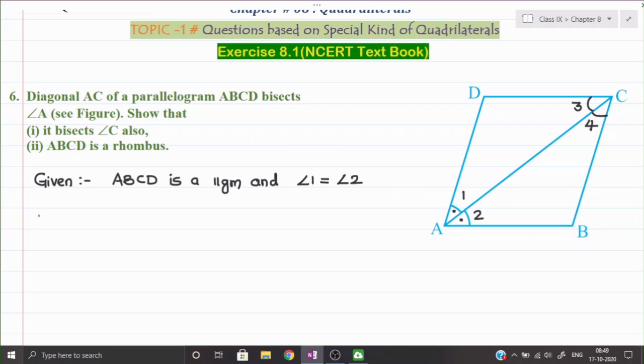Now what we have to prove? To prove first part, you observe what they are saying, it bisects angle C, means in the first part we shall prove angle 3 is equal to angle 4. And in the second part, we have to prove that ABCD is a rhombus. So now we shall write down ABCD is a rhombus.